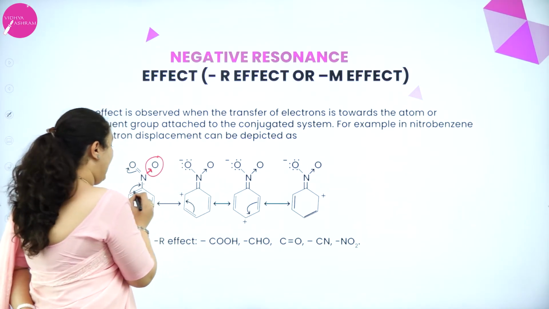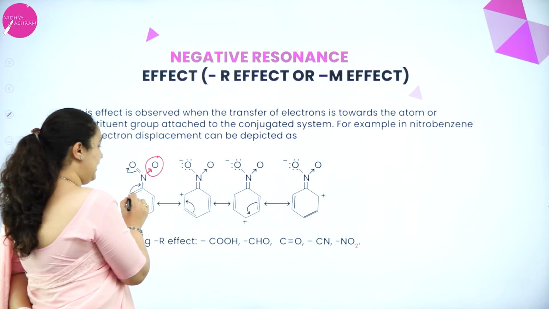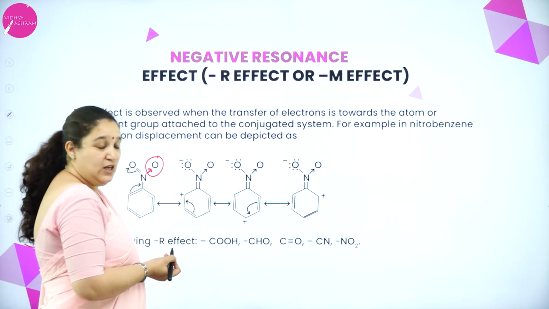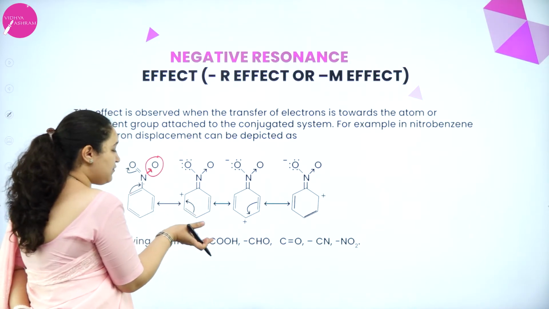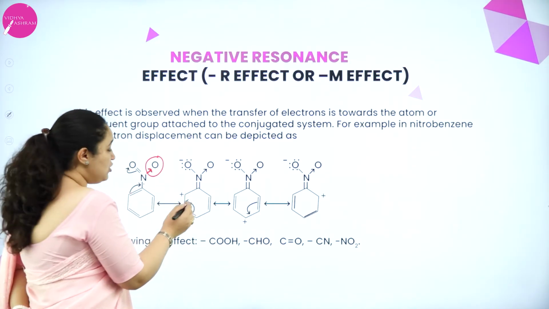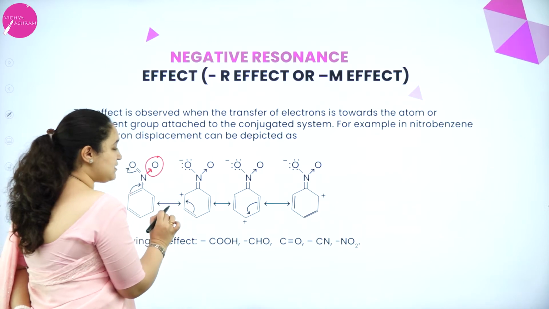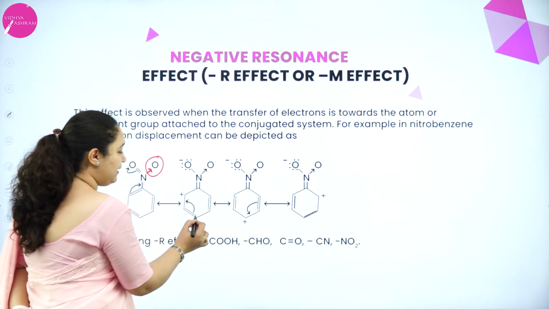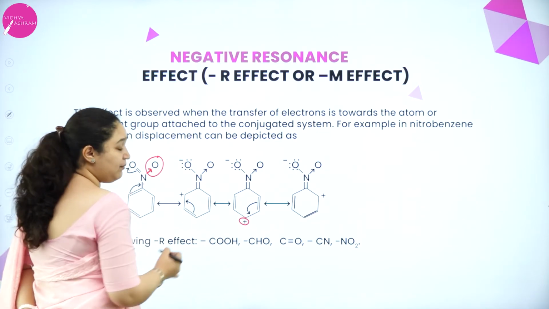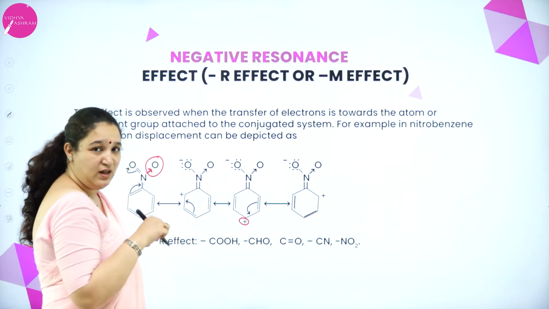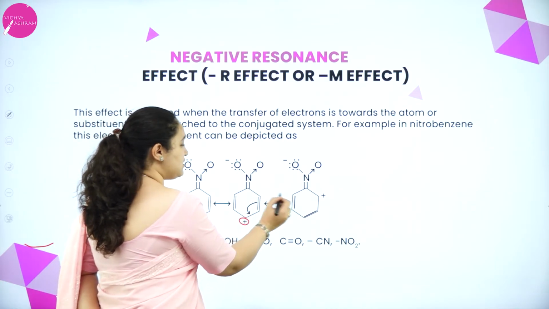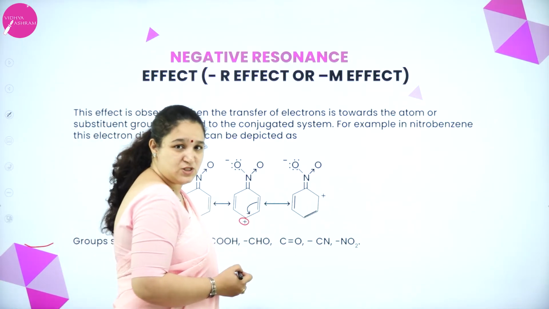But as the carbon atom here lost an electron to nitrogen, it got a positive charge. Now because this got a positive charge from the neighbor, again it will try to pull. So this bond will go as another bond. So you are getting a bond here and the carbon atom has lost an electron, the positive charge is there in the para position. Now this bond will come as a bond here and the positive charge will go to the ortho position.